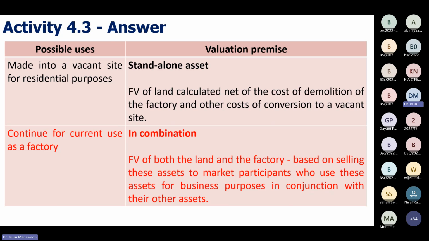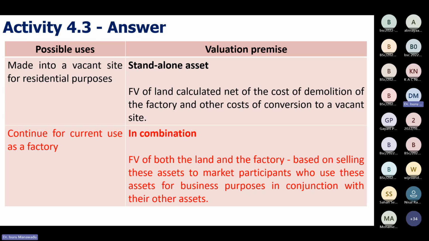Okay, so possible uses of the respective asset should be identified first. Then the highest and best use would be residential apartment, high-rise residential apartment. That is the highest and best use, right?